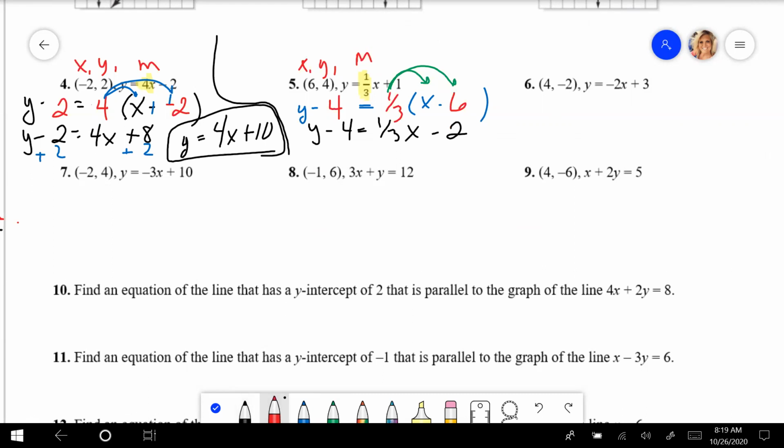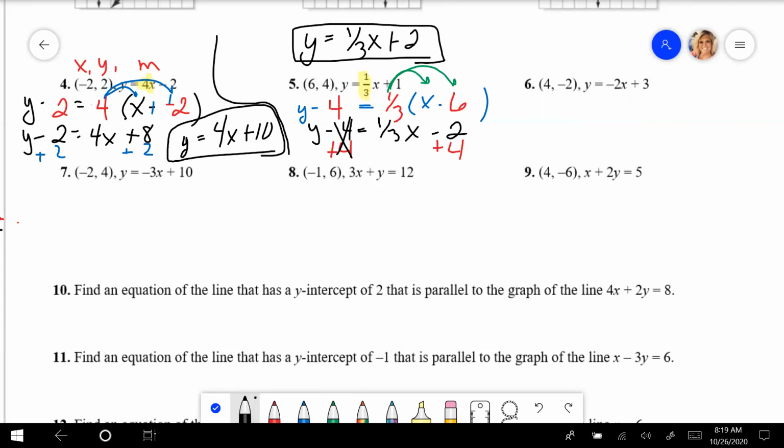Then I'm going to add 4 to each side. I'm going to get y equals, these cancel, 1/3 x plus 2. This is my equation. Hopefully by now, if you haven't done number 6, you can pause it now and do it.